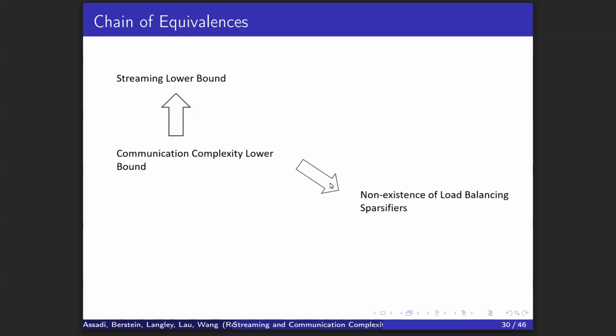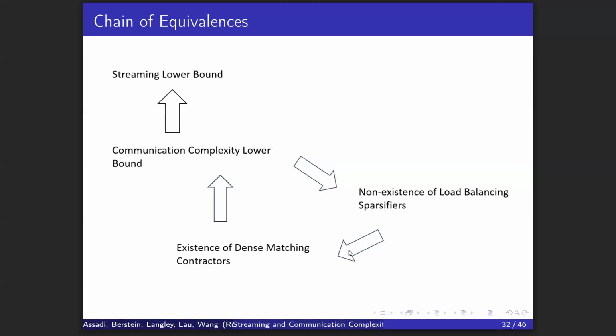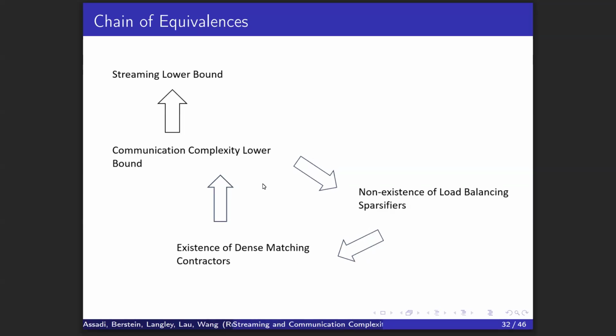So high complexity implies the non-existence of load balancing sparsifiers. This implies the existence of dense matching contractors, which means I can pack many contracting matchings into the same graph. And this in turn can be used to construct hard instances to the load balancing problem in the communication setting. So all these three things are equivalent.